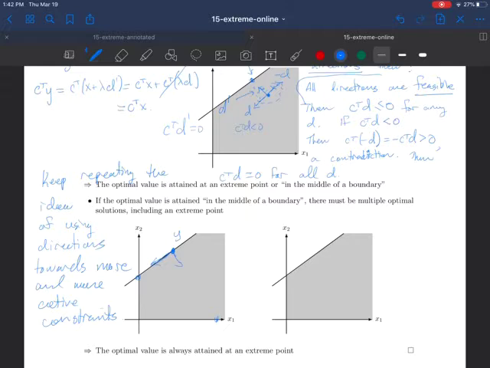And you can see that you're always going to have these directions. If you claim that you can't improve anymore, then you're always going to be able to come up with directions that don't hurt you, that keep you at 0. And eventually, if you keep repeating that enough, you're going to arrive at an extreme point that's optimal, because there's no more ways to improve and you're already at an extreme point.